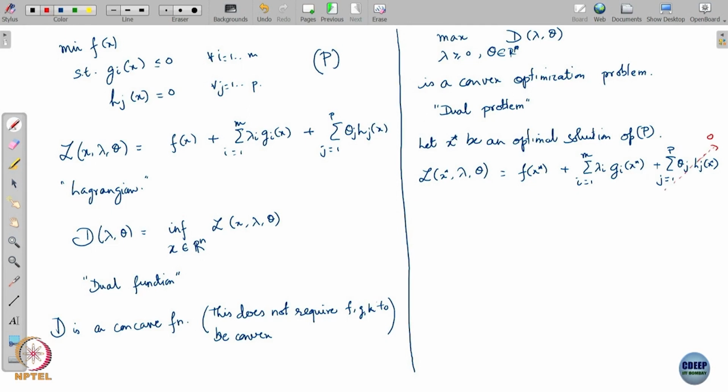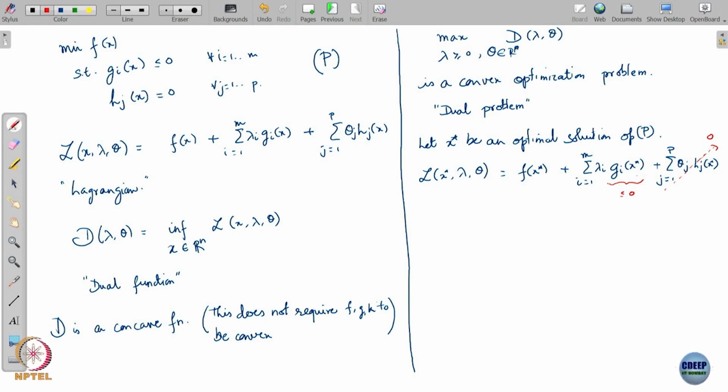All right. What about this term here? What about g i of x star? Well, x star being feasible, it means that this is less than or equal to 0. Now, if this is less than or equal to 0, then f of x star is greater than or equal to lambda i times something that is less than or equal to 0.